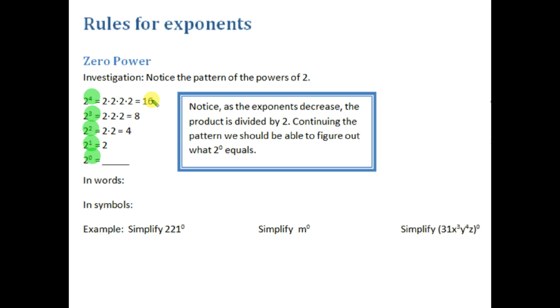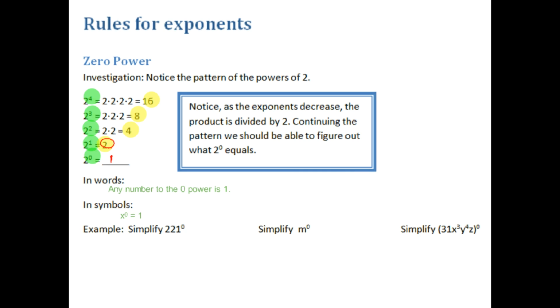We started with 16, divided by 2 is 8, divided by 2 is 4, divided by 2 is 2, and 2 divided by 2 is 1. So we see that 2 to the 0 power is 1, and that's going to hold true for all things to the 0 power. Any number to the 0 power is 1. In symbols, we could just say x to the 0 power is 1, where x represents any number.